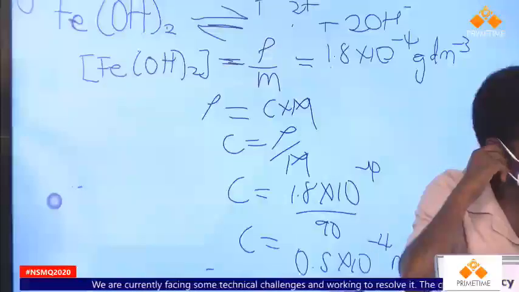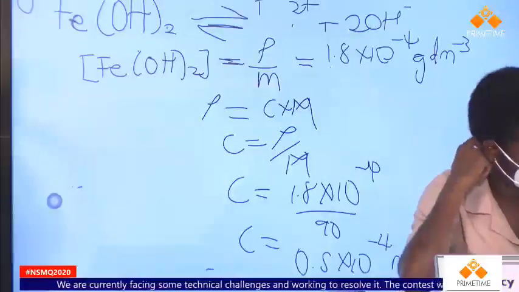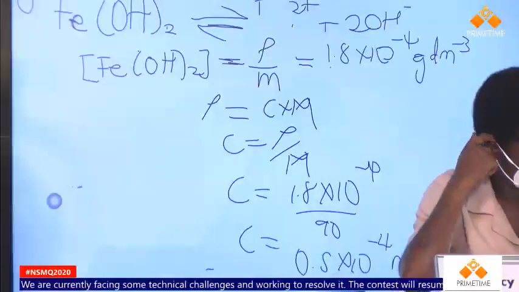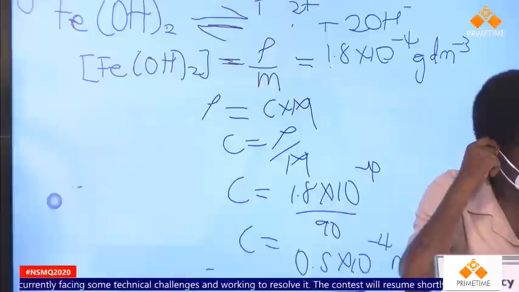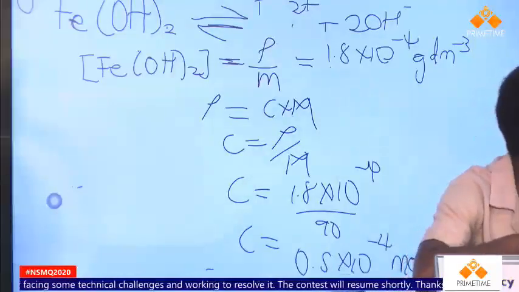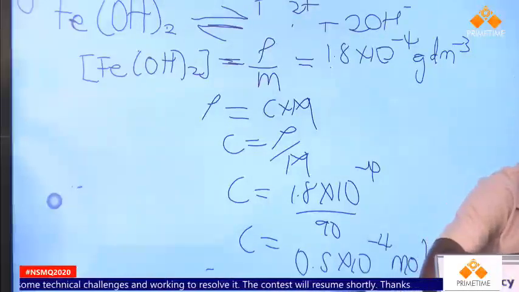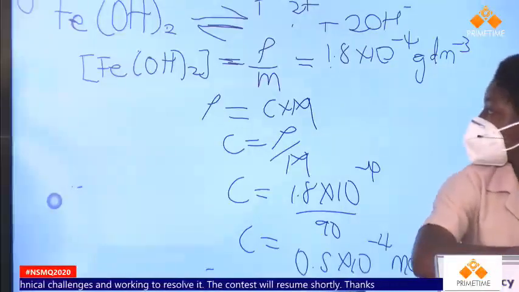If you're able to do the first part, you get 5 points. There is an equation there that they should write out, Fe(OH)2 solid in equilibrium with Fe2+ and 2OH minus.